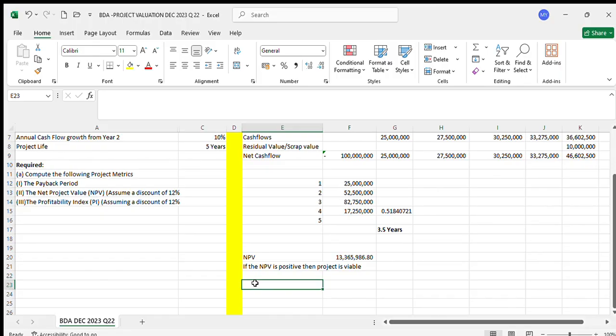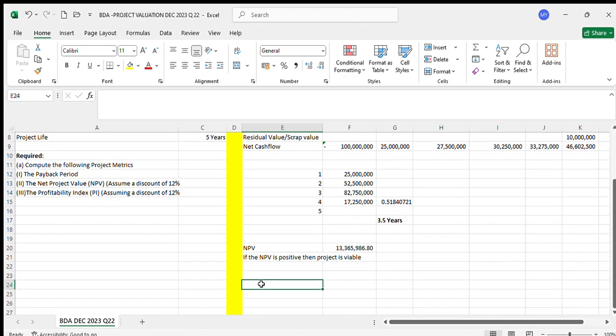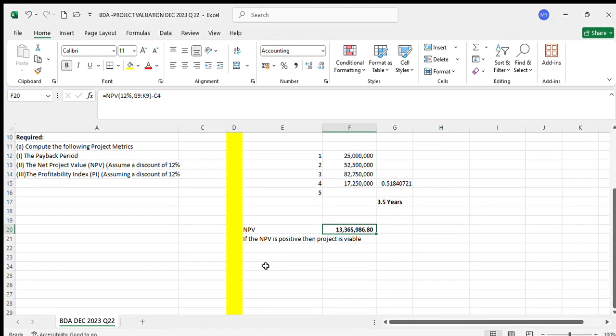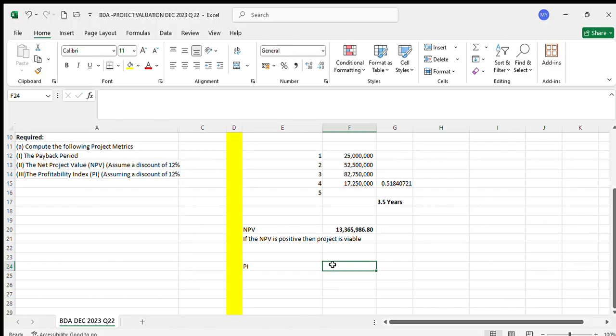Then the third calculation was the profitability index. So this is the NPV. Then now the profitability index, the PI, we can call it the PI. Then this one also we can use NPV still.